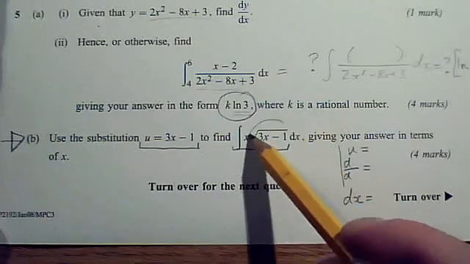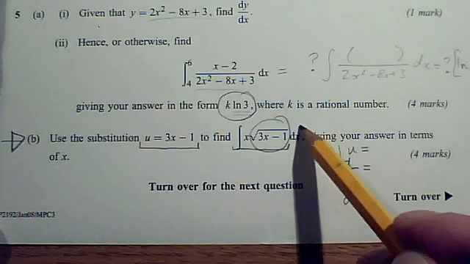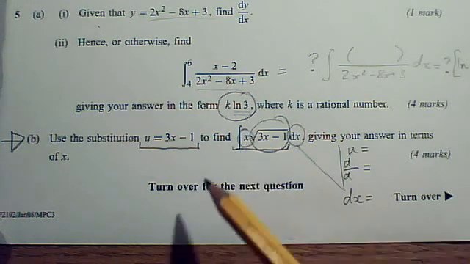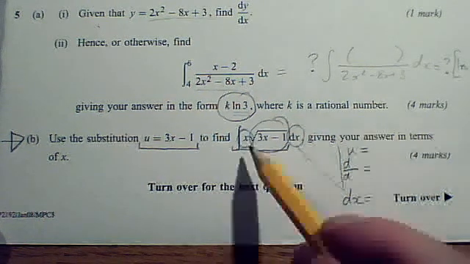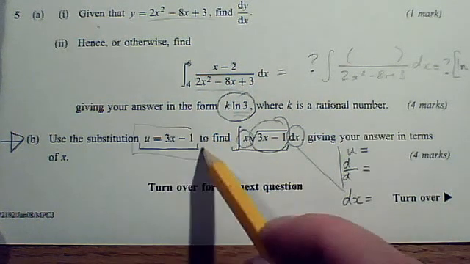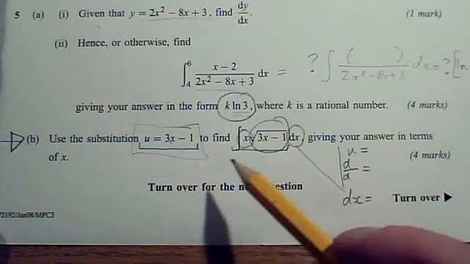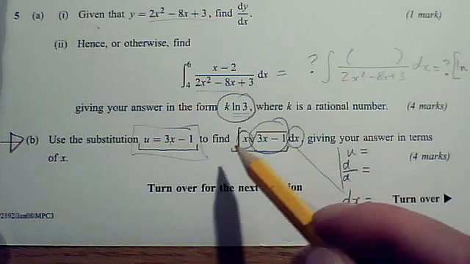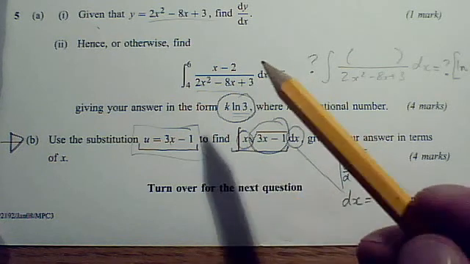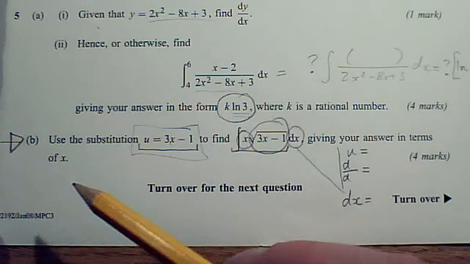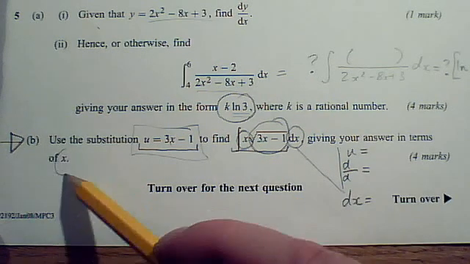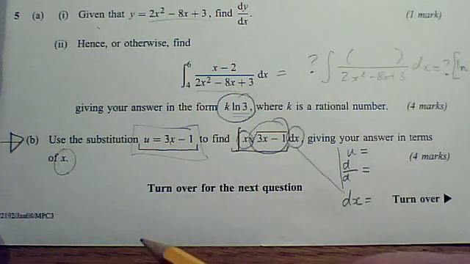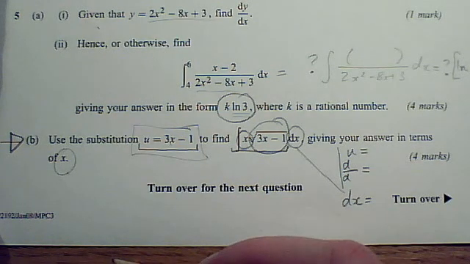Dx is replaced by whatever this is, and this x here, either it will be cancelled out, or if it isn't, you have to do a rearrangement to make x the subject of that, to put u's back in, and you have to substitute in, multiply out, and see it through to get the answer in terms of firstly u, and then you turn the u's back into x's using the substitution. But as I say, you have similar examples in your notes.